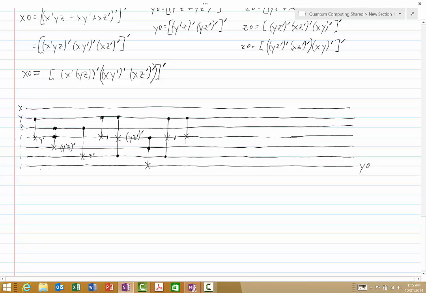this would undo that, and then we could put this gate to undo this, and then this gate would undo this one, and then finally if we do this, notice that here's the final gate that calculated our output, and everything besides that is symmetric about it.